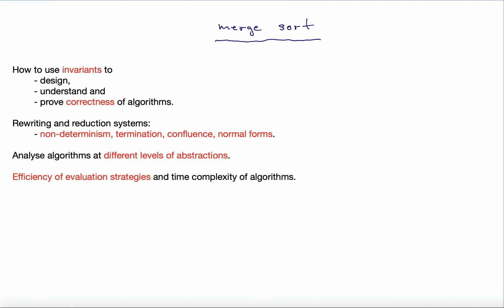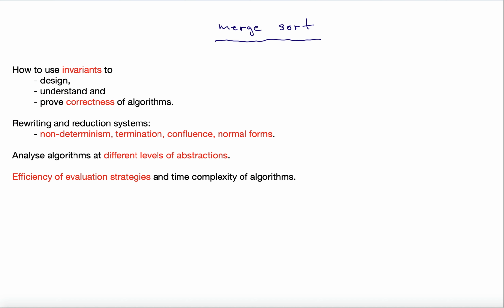It also gives us a really good understanding of how merge sort works, and we could use the invariant to prove the correctness of the algorithm. Then we studied this algorithm using ideas from rewriting. Our algorithm was non-deterministic. It was confluent. It had unique normal forms, and it was easy to see that it was terminating.